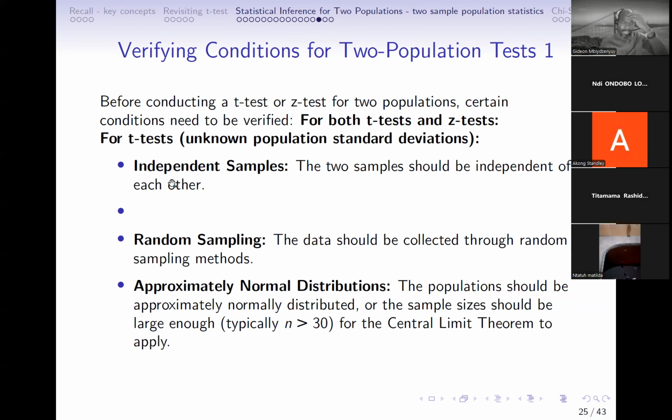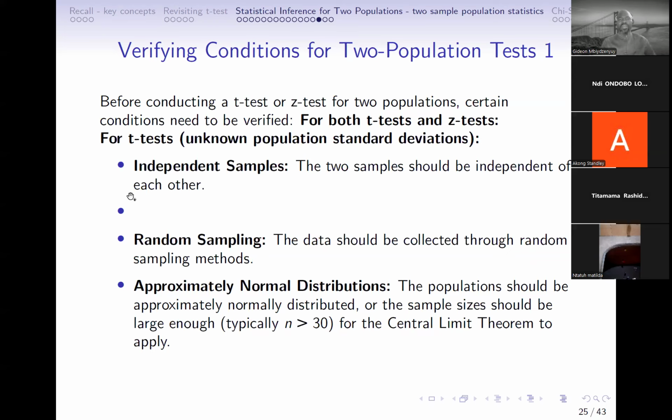For the T tests, we do not know the standard deviation of the population. Then we want to know whether the two samples are independent of each other. This was a mistake here with a bullet point and nothing there. Or the two samples are not independent.